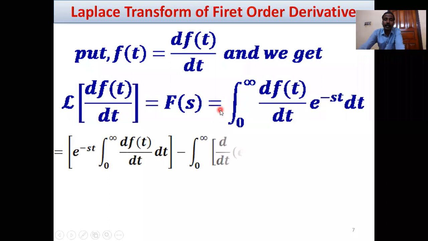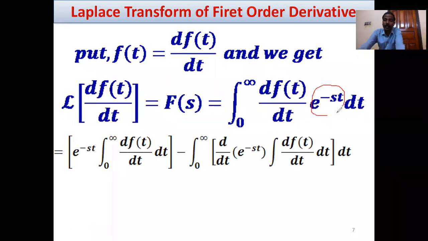Then integrate. Suppose this is the first function and this is the second function.